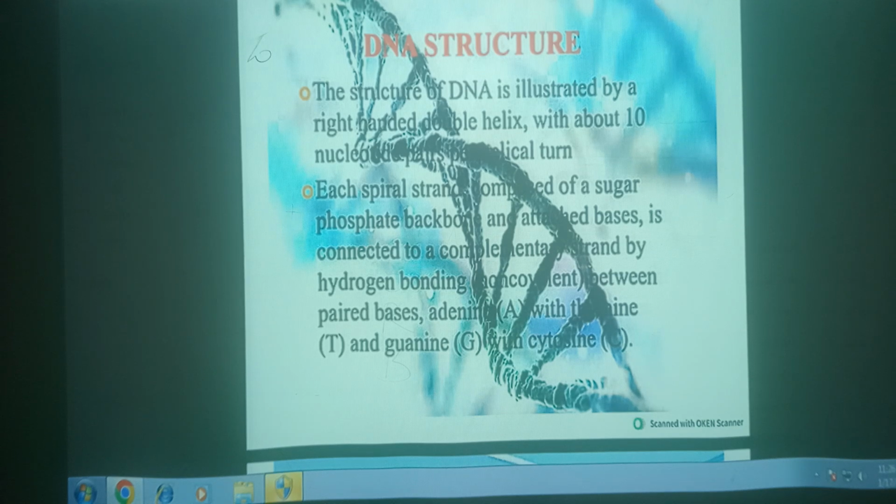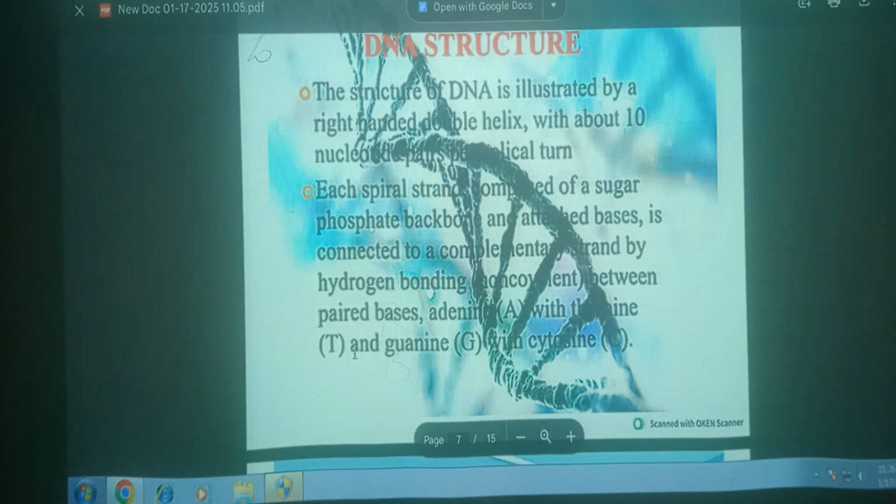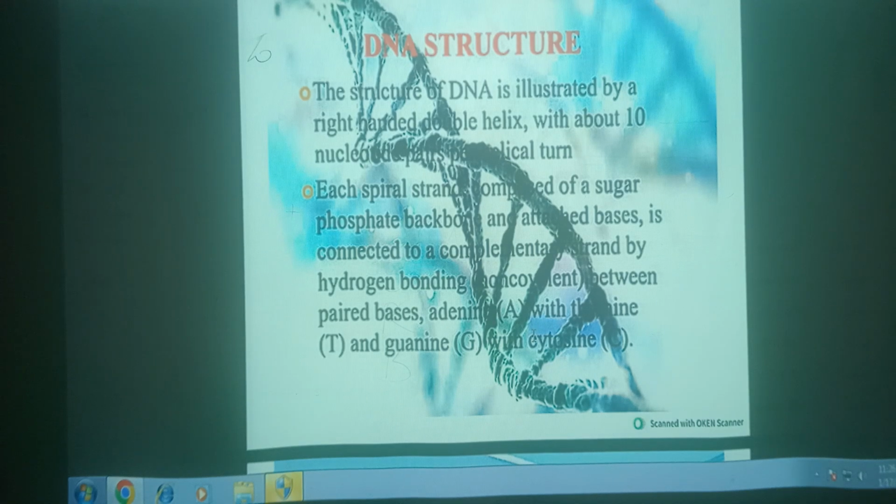The four bases are adenine, thymine, guanine, cytosine. This is the model structure of DNA. In 1953 J. D. Watson and F. H. C. Crick designed the structure of DNA, called the Watson and Crick model of DNA. They were awarded the Nobel Prize for this work. According to Watson and Crick, DNA is in the form of a double helix.